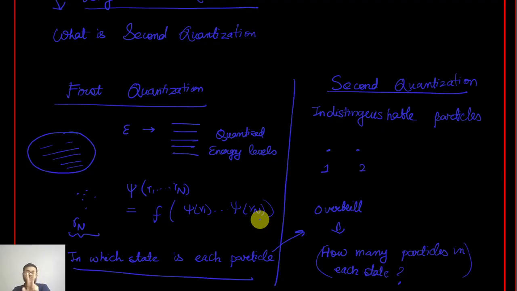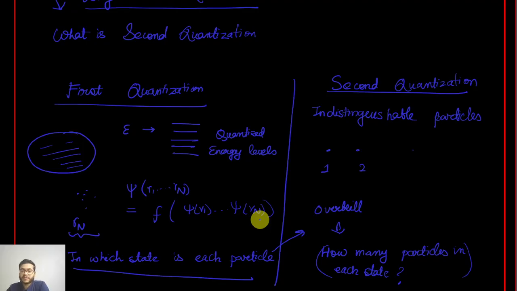So there are two different questions we are asking. In one of them we are very concerned about each particle's individual state, but in the second we are not concerned about what each particle is doing. We are concerned about how many particles are there in each level. That's it.